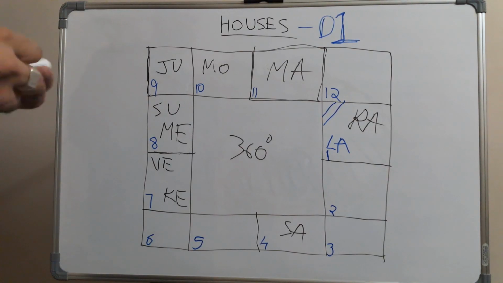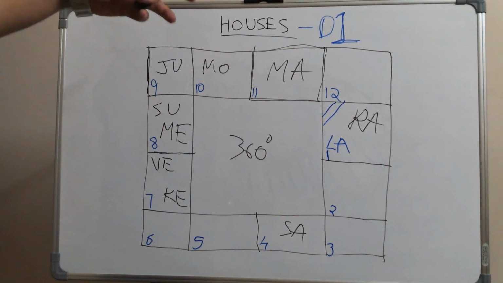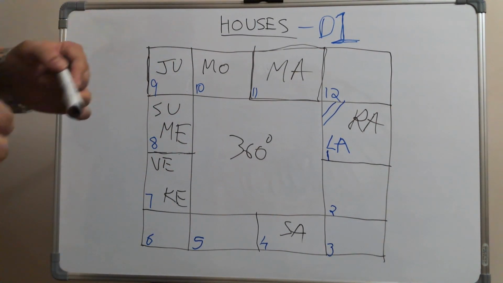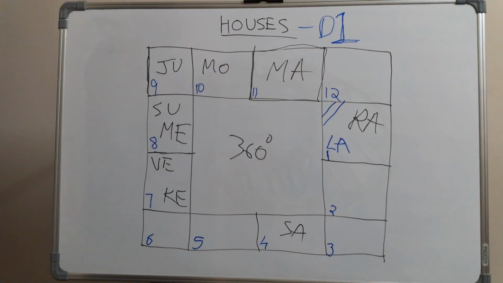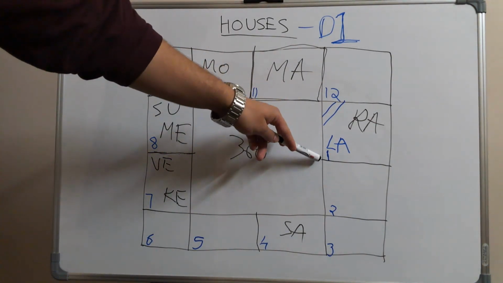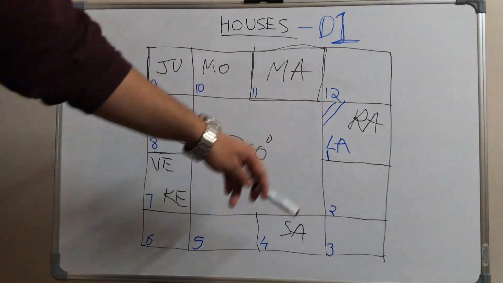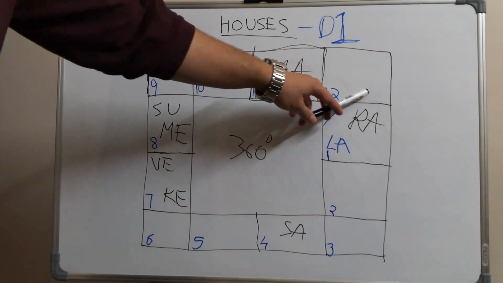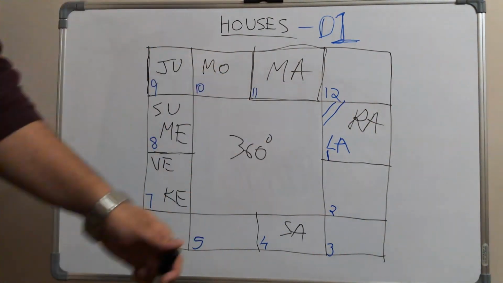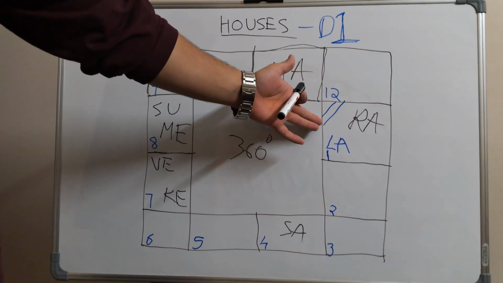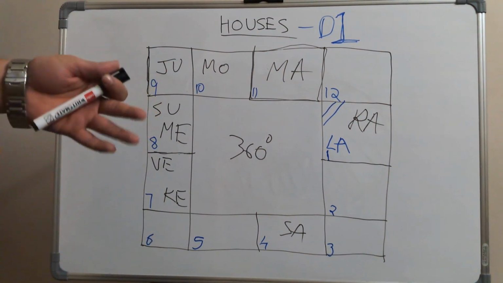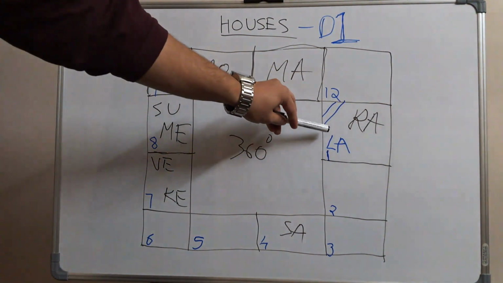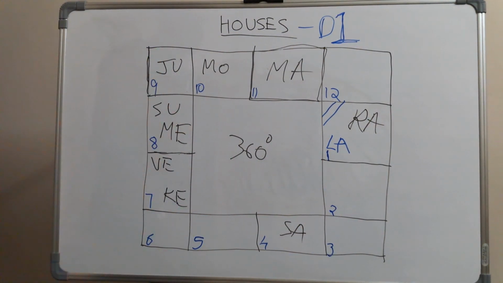This is just to give an example. Now, here we can see Rahu is in Lagna, and the Lagna is in Cancer, so the Lord of Cancer is in the 10th house.